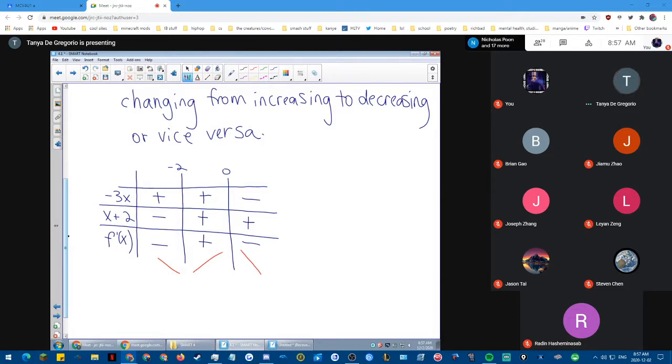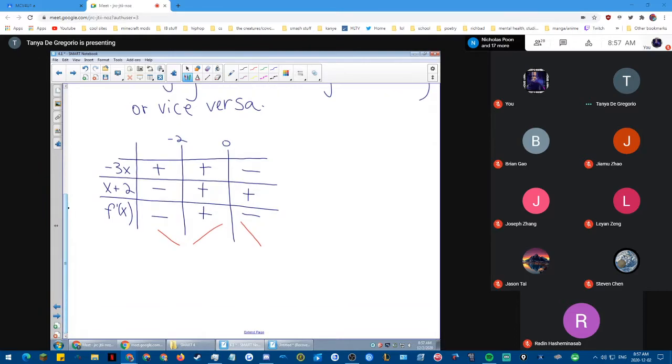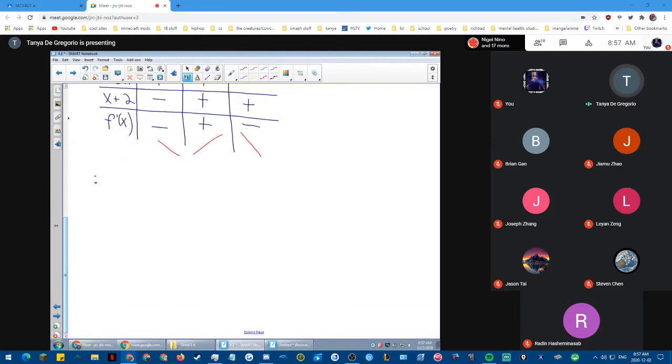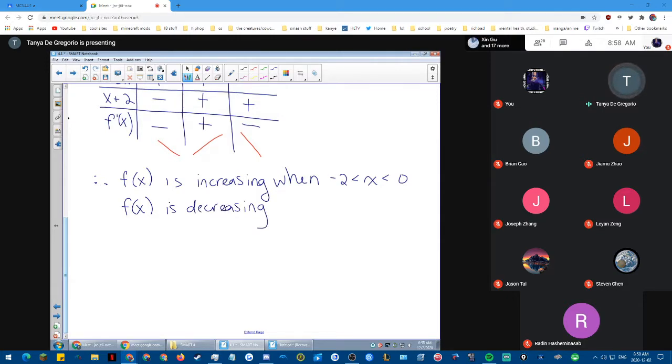Okay? So we conclude therefore, f of x is increasing when x is between -2 and 0, but it's decreasing everywhere else.